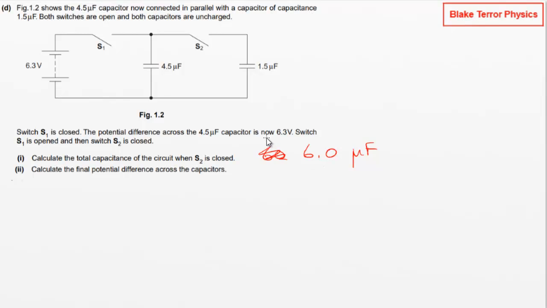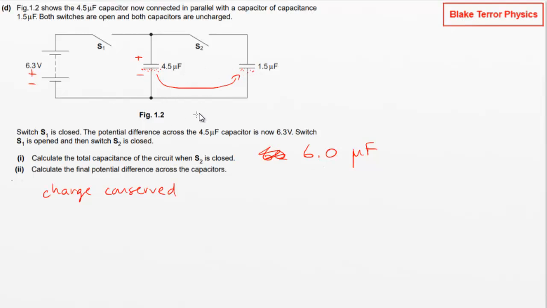Calculate the final potential difference across the capacitors. So the charge is conserved. Here's our positive, our negative. The electrons are going off there. All these electrons that we've built up on this bottom plate, some of them are going to whip round and equalize.